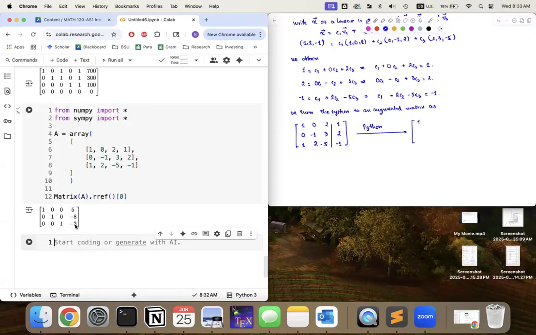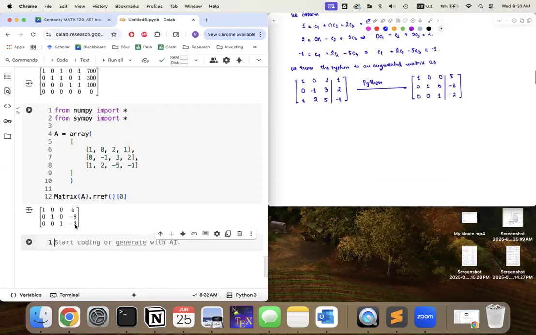That is 1, 0, 0, 5; 0, 1, 0, -8; and 0, 0, 1, -2. So this implies that c1 is equal to 5, c2 is equal to -8, and c3 is equal to -2.